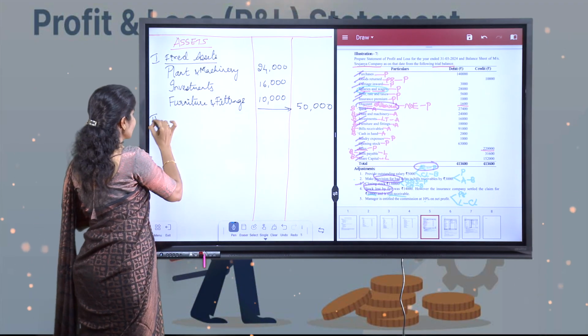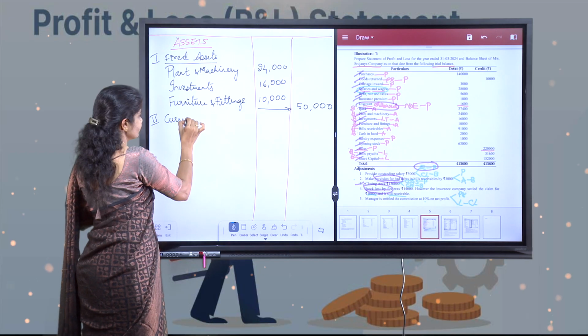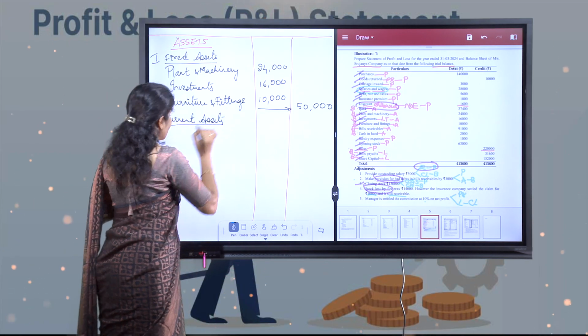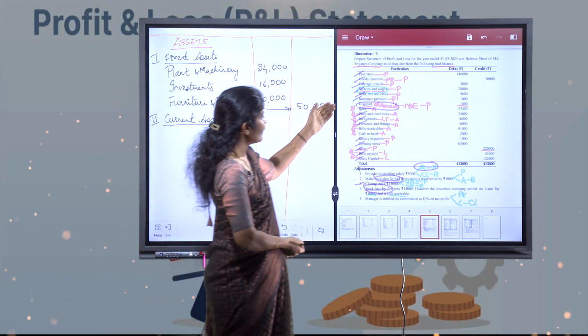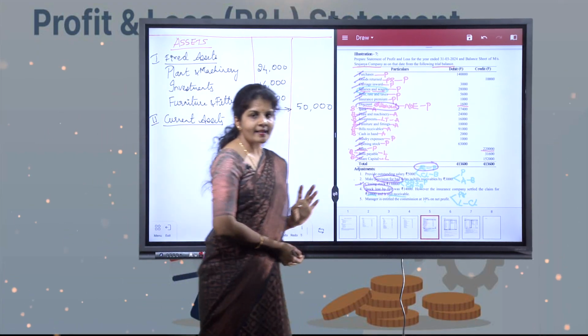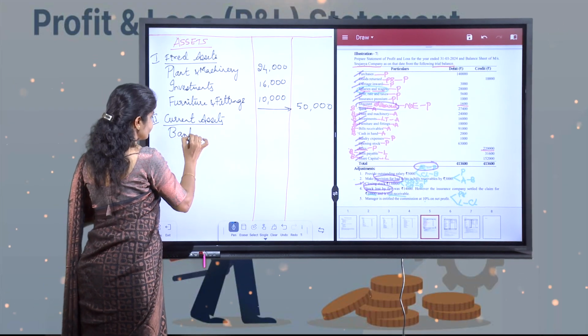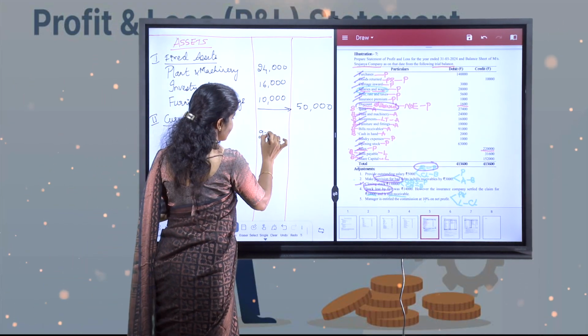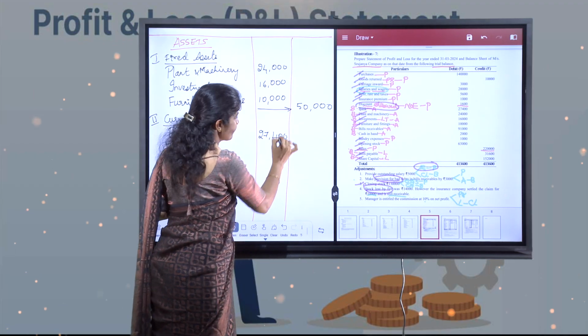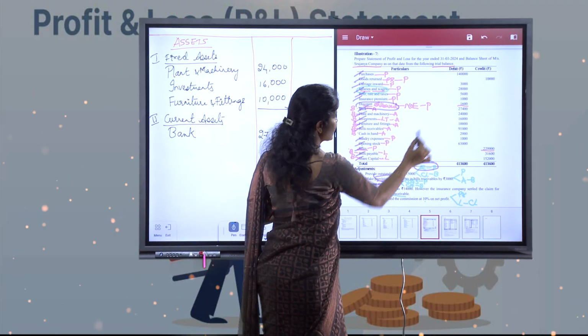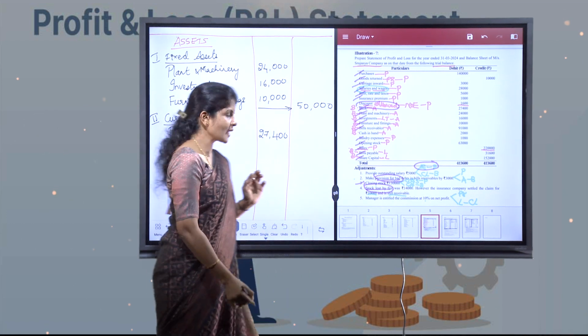Next, under current assets, we have bank. Bank is 27,400. Then we have bills receivable. Bills receivable is 91,000.